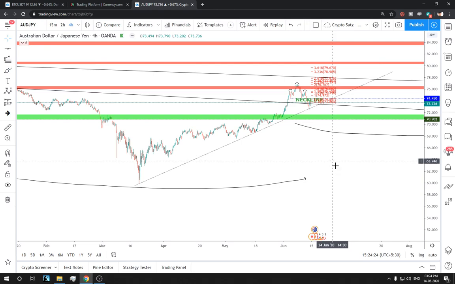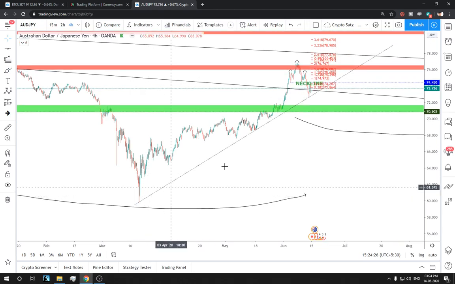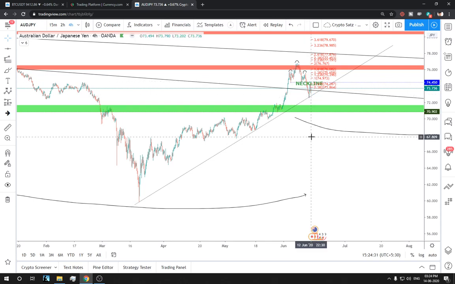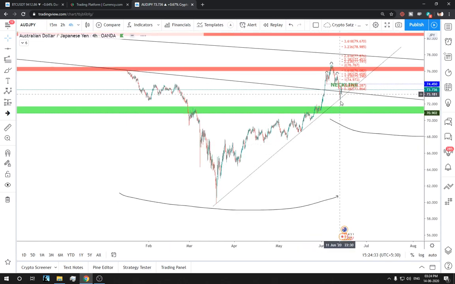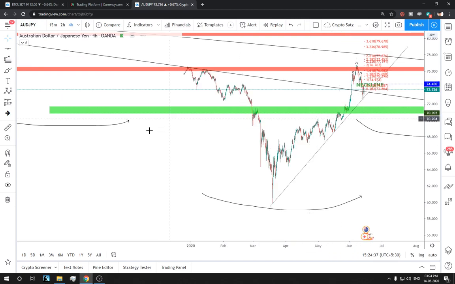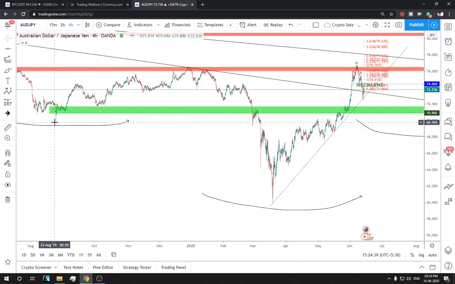On the lower time frame we have a supporting trend line which gave a nice bounce. Possibly even this could be the right shoulder, because as I said, it is not necessary that it has to touch the lowest point to form the shoulders. Sometimes if it's bullish, it will bounce off the right shoulder.